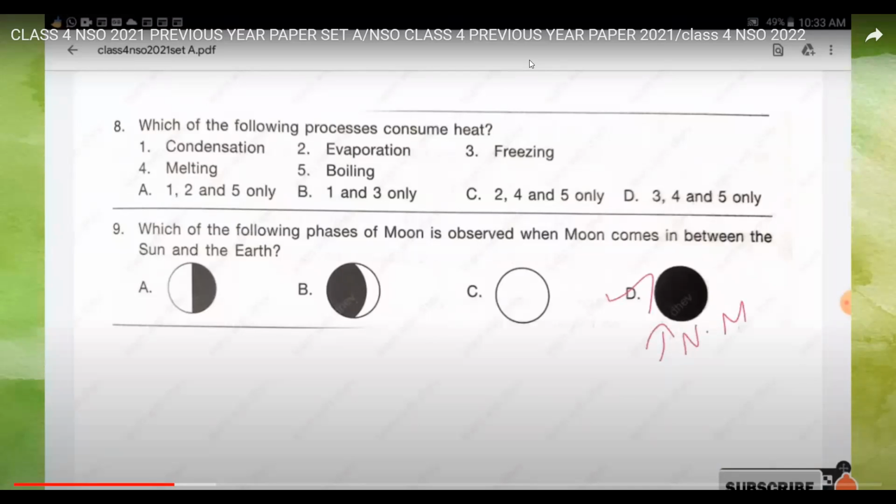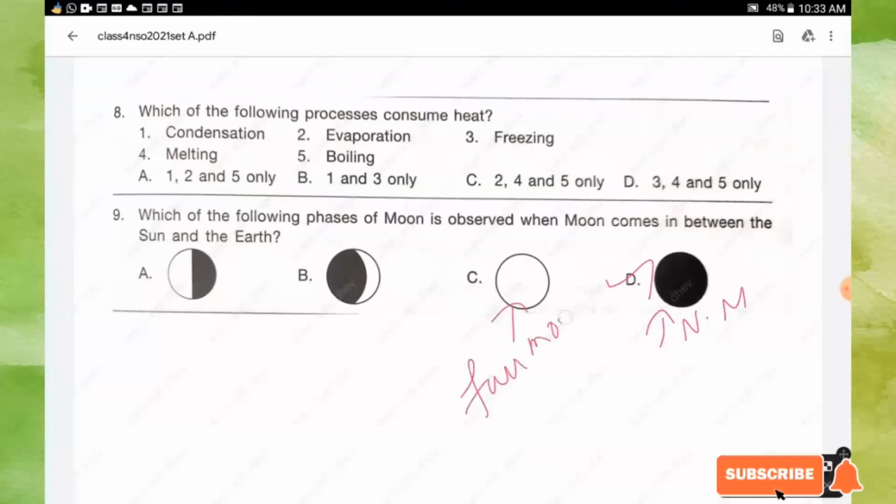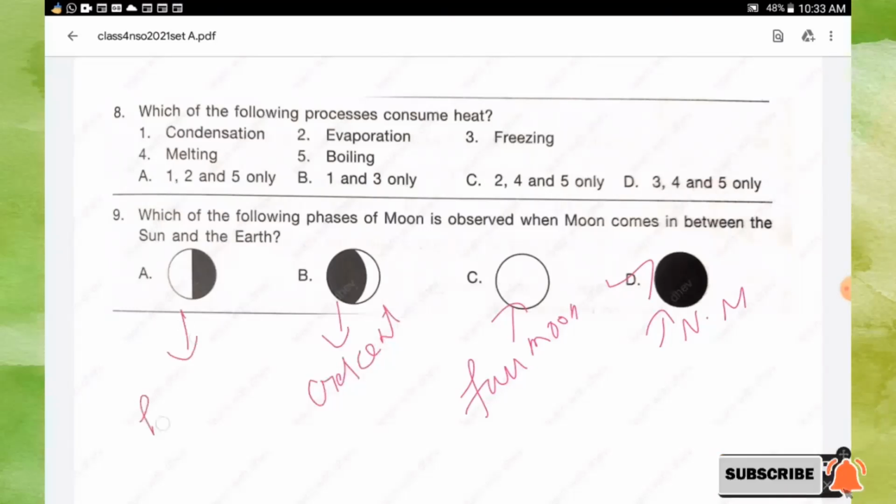Ma'am, option D. Very good. Excellent. And this is full moon. And this is crescent. This is half moon. Right. So option D is the right answer.